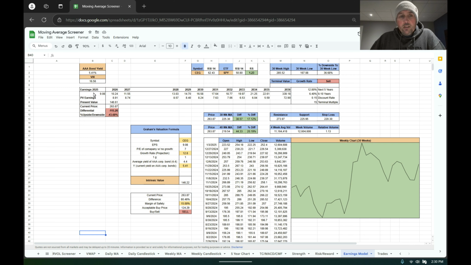So these earnings numbers may not have changed yet. So you may see a bigger earnings number here, and you may see a bigger growth rate here. And our relative strength is 1.23 against the market, and we have support and resistance and stop loss. My stop loss level is just 2.5% below the support.